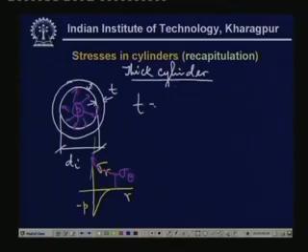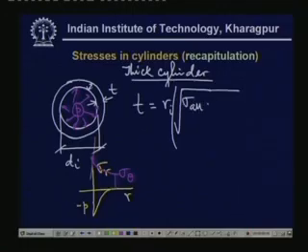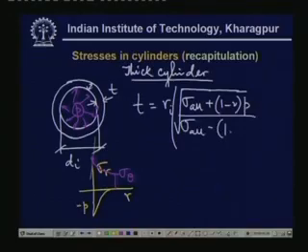See here, for the ductile material, T is Ri times under root of sigma allowable plus 1 minus nu times P, where nu is the Poisson's ratio, divided by sigma allowable minus 1 plus nu times P, minus 1.